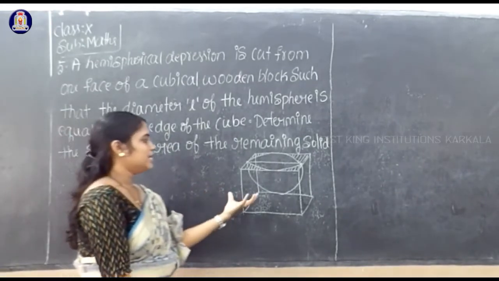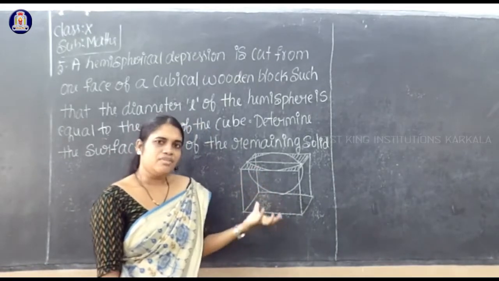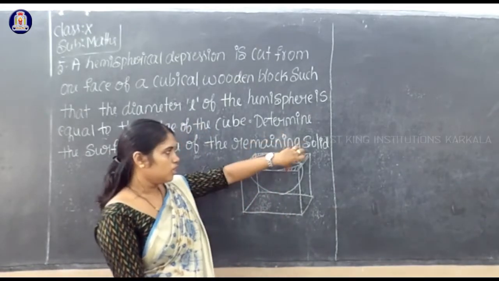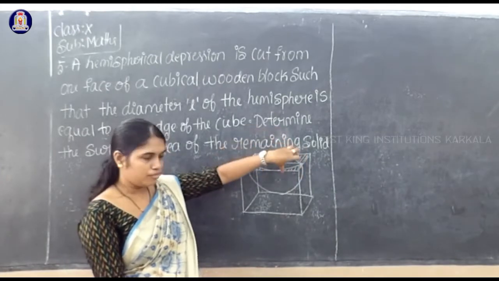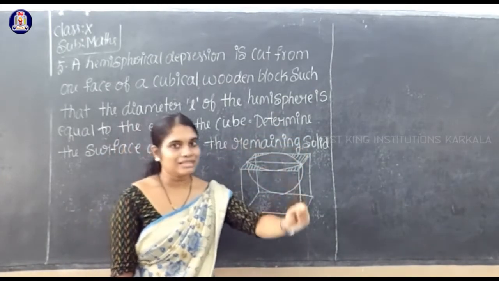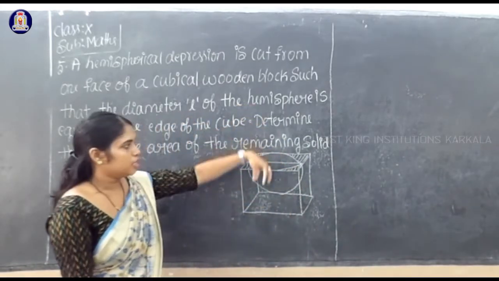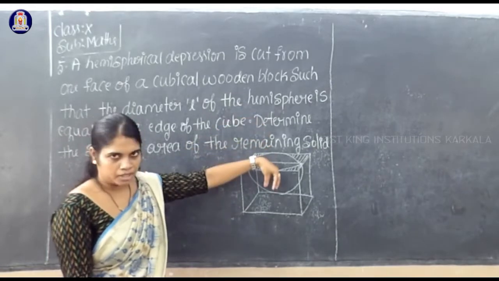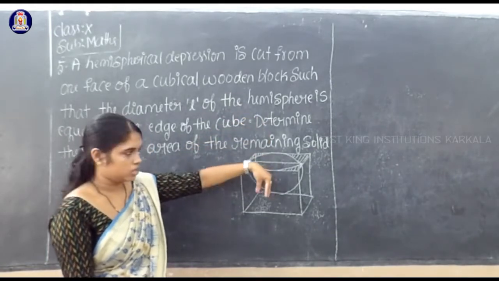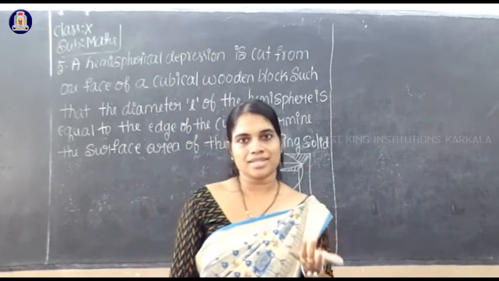First I will consider one cubical wooden block. From one face of this block, I'll cut out one hemispherical depression. Depression means downwards. You just imagine you have one ice cream box.